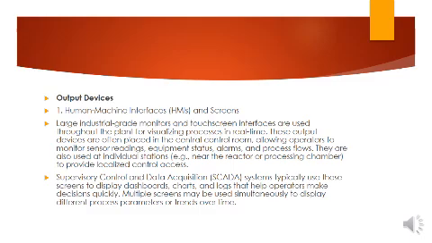And then we have the supervisory control and data acquisition system, or the SCADA system, which is used to display charts and logs, which helps the operators to make decisions quickly and efficiently.